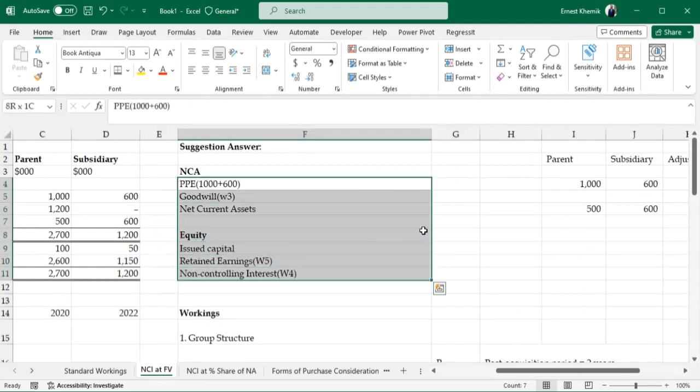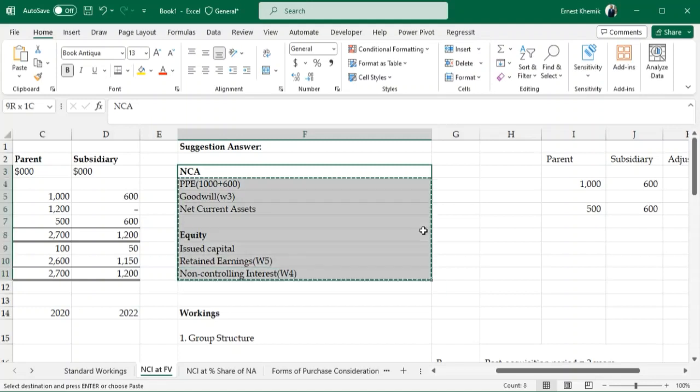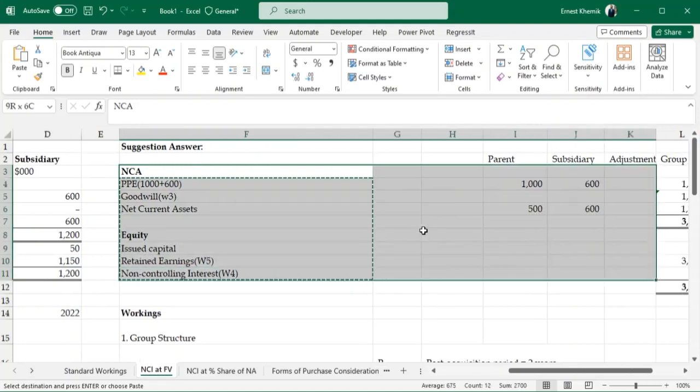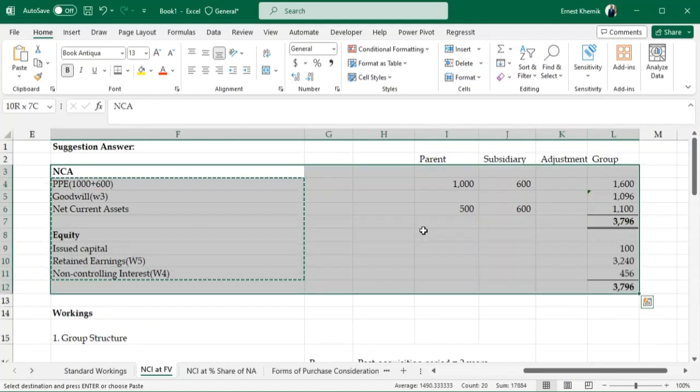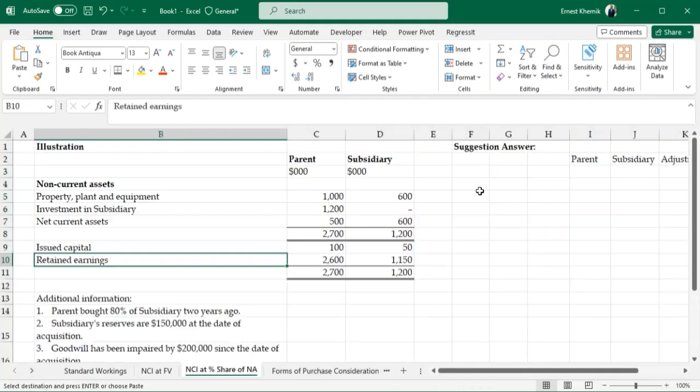So let me just copy everything. I'm going to copy this, and then I can paste it here.